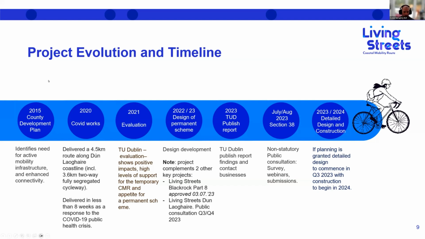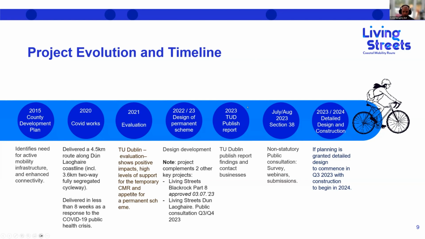In addition to the Living Streets Coastal Mobility Route, there are two more projects in the Living Streets suite of projects, including Blackrock, for which Part 8 was achieved on the 3rd of July, and the Living Streets Dún Laoghaire project, where we're currently working on proposing the scheme in September. So this aligns with these two projects, and it's part of a series of projects to improve the county and the coastline.